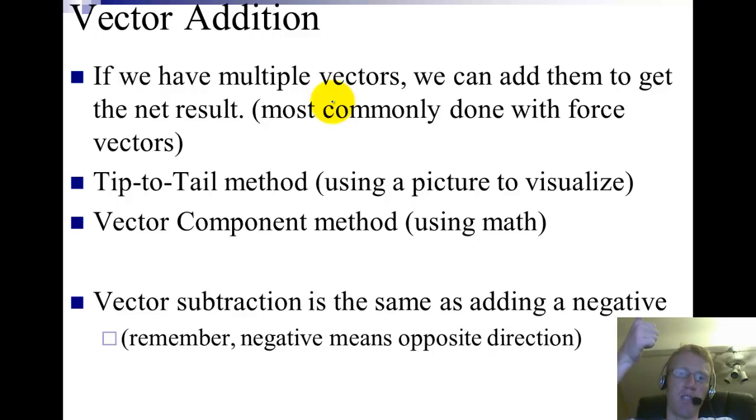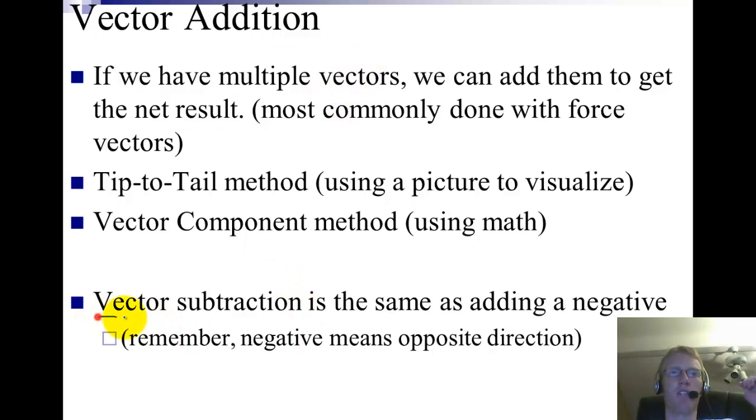Then up is positive, down is negative, and you add up the total, including magnitude and direction, in the vertical direction, and get the net vertical force. So at the end, you'll have two F nets, one up and down, and one side to side. And then you can calculate the motion up and down and side to side independently of each other. So the two will be completely independent of each other.